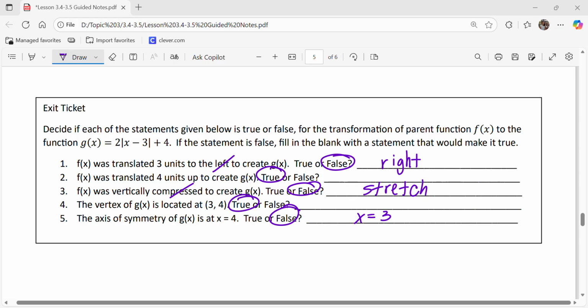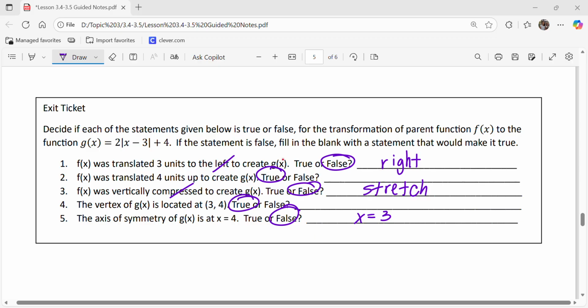How can you use the constants to write a function given a graph? So first, from the graph, identify the vertex. It is (4, 1), so h is 4 and k is 1. Then find any point from this graph. I'm going to use this point right here, which would be (3, 4).